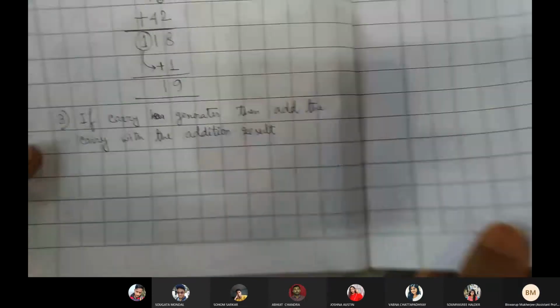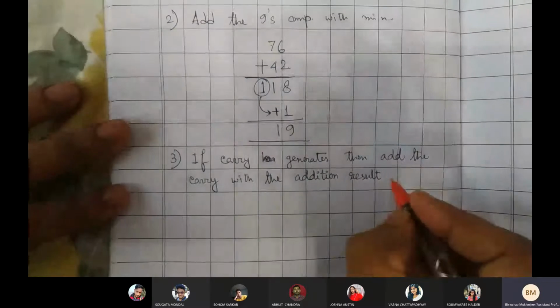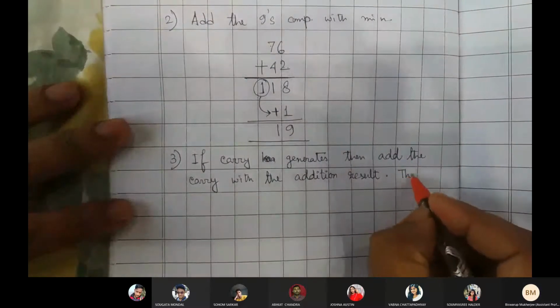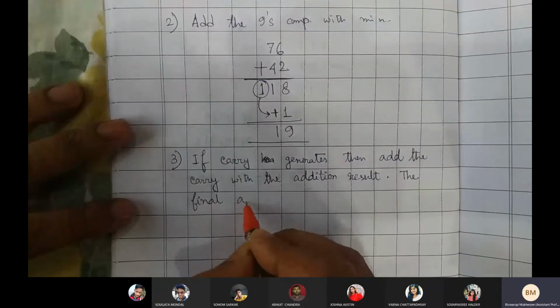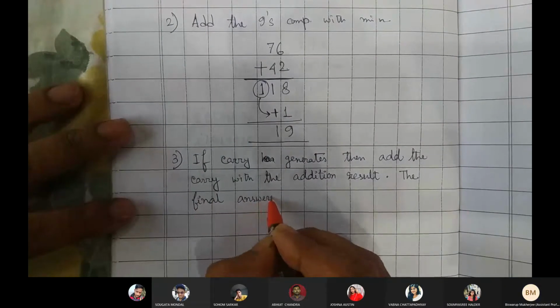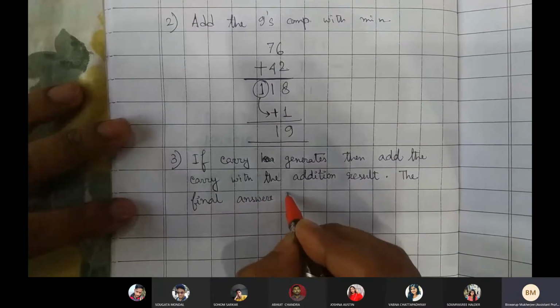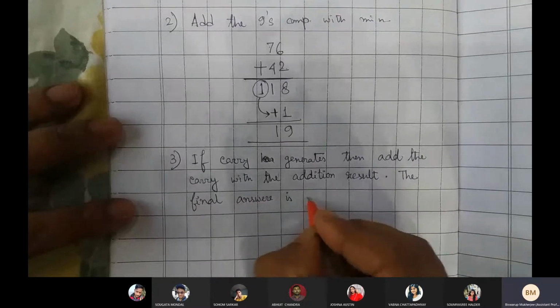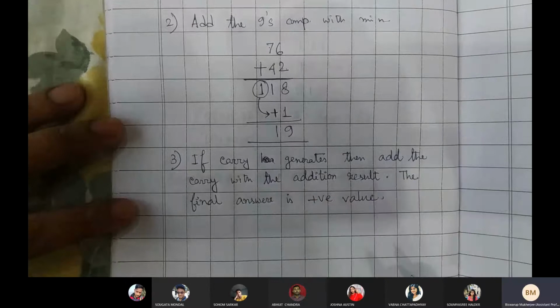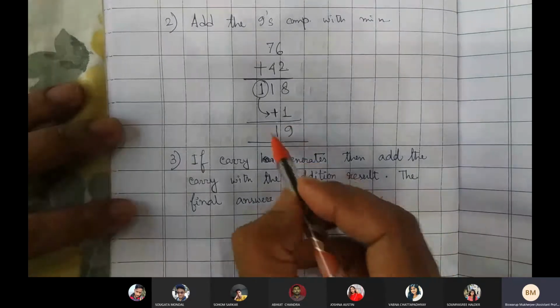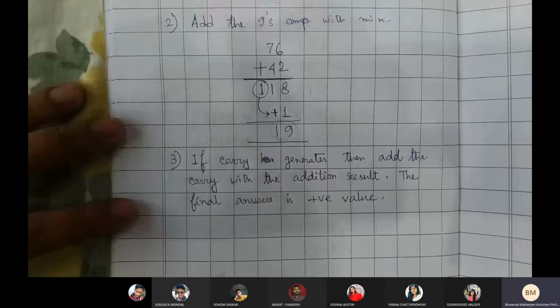Okay. Add the carry with addition result. The final answer is a positive value. So this is my final result with a positive sign. This is the rule.